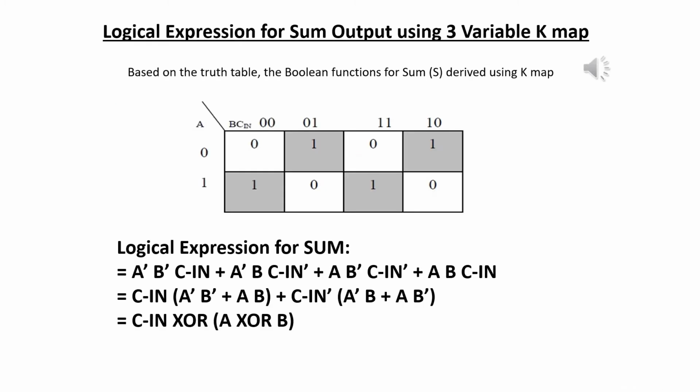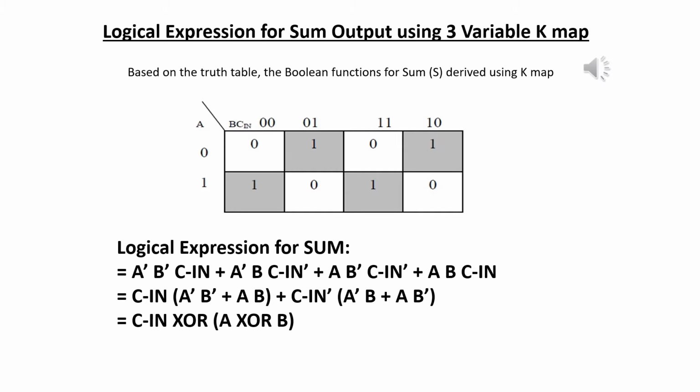Here we will obtain the logical expression for sum and carry output using a K-map structure. First we will derive the expression for the sum variable, then we will move on to the carry variable. A three variable K-map structure is used for deriving the expression for the sum variable.